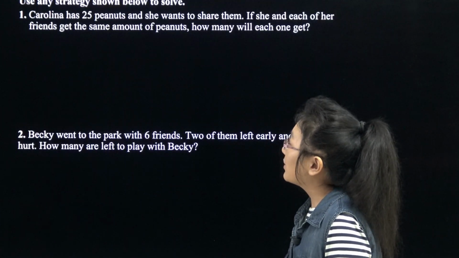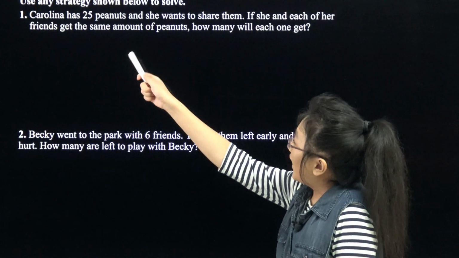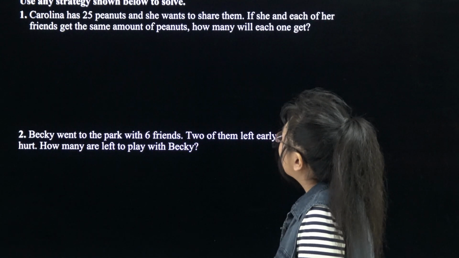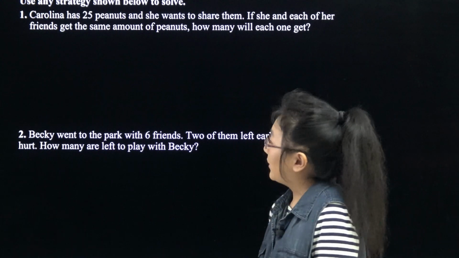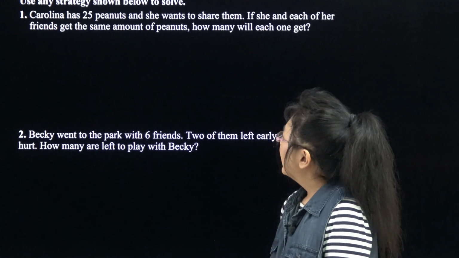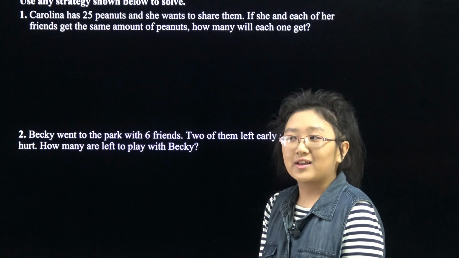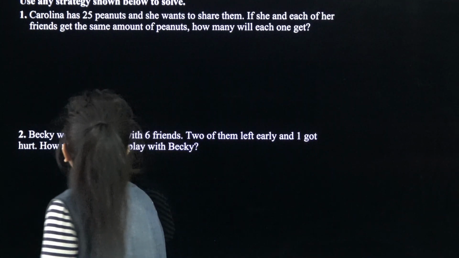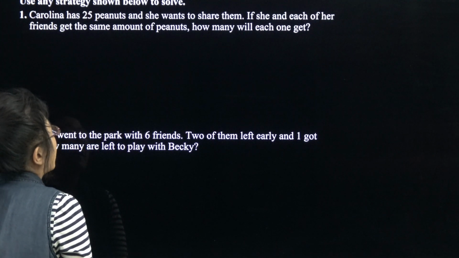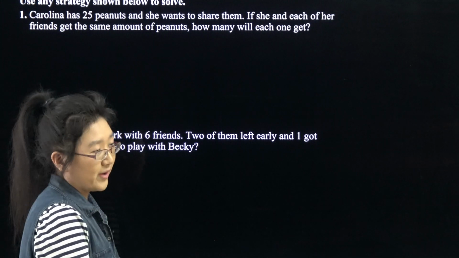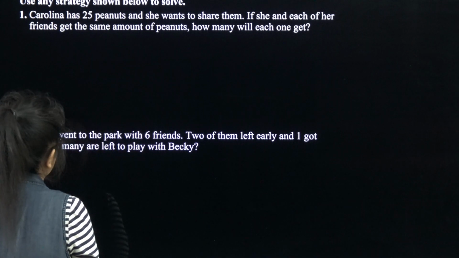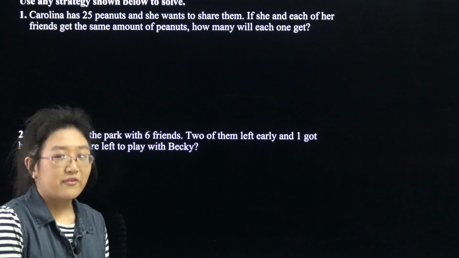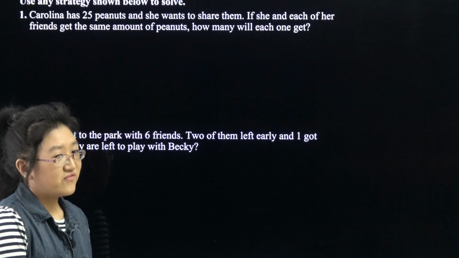Now we can use any strategy we want to solve these problems. Carolina has 25 peanuts and she wants to share them. If she and each of her friends get the same amount of peanuts, how many will each one get? The problem with this question is that they didn't give you enough information. It's a division question, but essentially she could have 4 friends, in which case there would be 5 people to share with, and it would be 25 divided by 5, and each would get 5 peanuts.